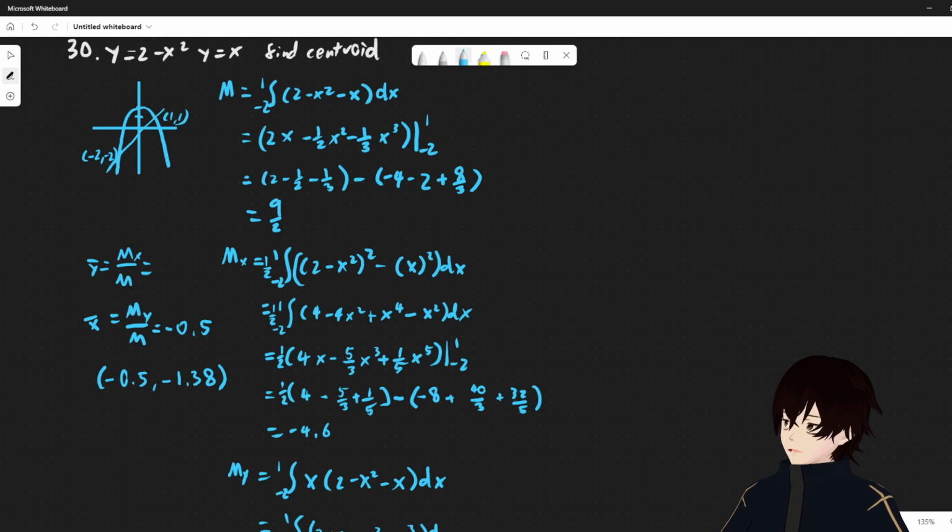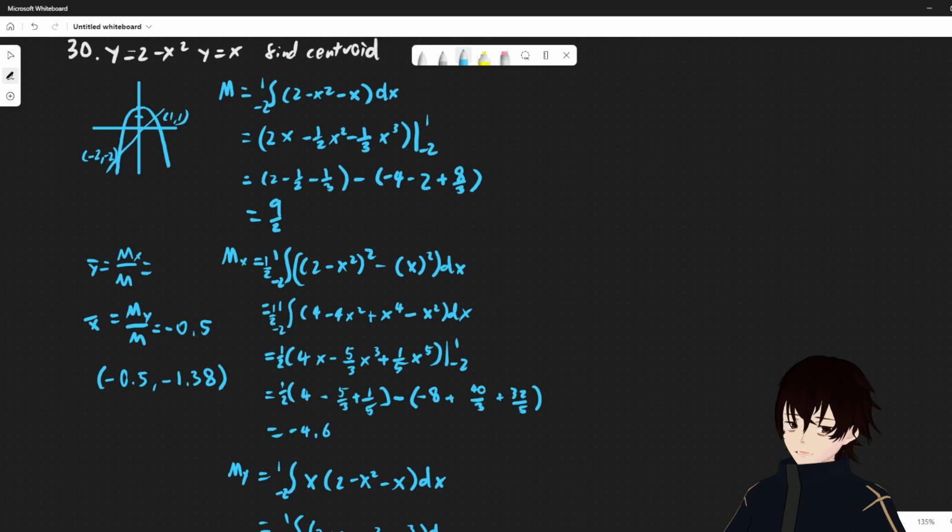Yep, some part of my integral is wrong. That's right.